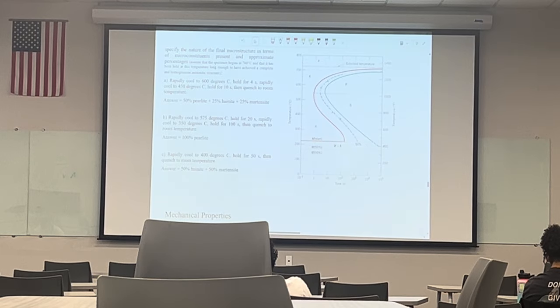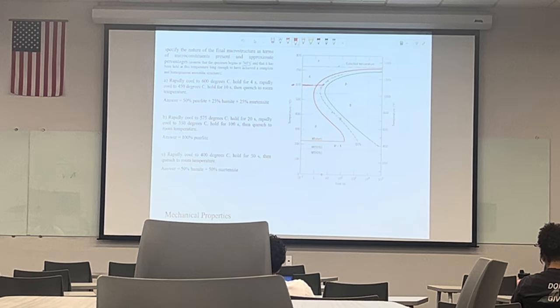We start at the temperature above here, and our system is held at 760 long enough to achieve a homogeneous austenite structure. In the first scenario, we rapidly cool it down to 600 here and hold it for 4 seconds. Since this is a log scale, 4 seconds should be around here. If we find the intersection, we will have something like this.